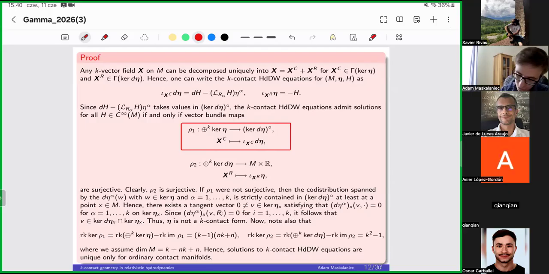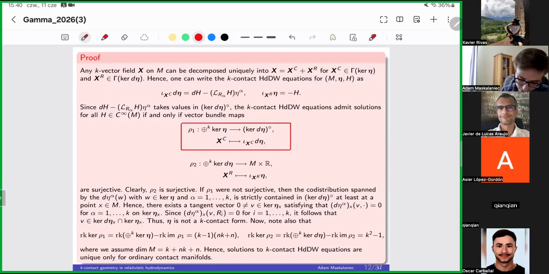And then we would have a vector in the kernel of eta such that d eta evaluated on this vector would be 0. Yes, d eta evaluated on that vector and restricted to the kernel of eta.